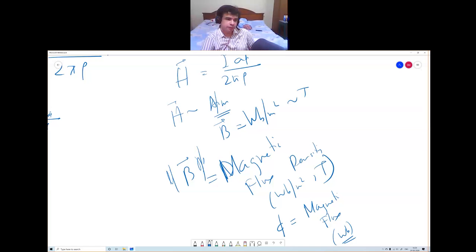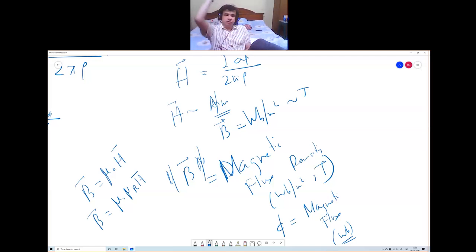B and H are related in free space by B equal to mu naught H. Even in good conductors like copper or silver, and in dielectrics, any material which is not attracted by a magnet, this equation holds. For some magnetic materials, this is not true; we have to write it differently. But for everything else, B equals mu naught H. What is mu naught?